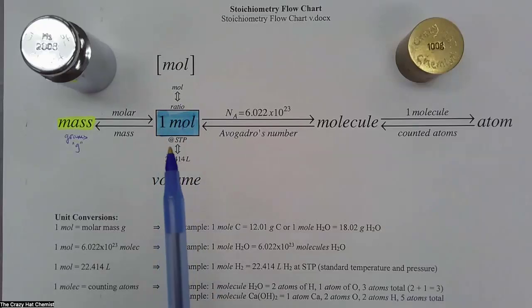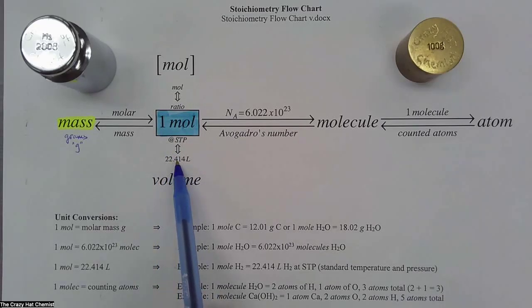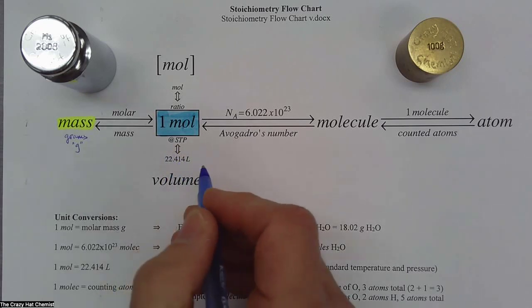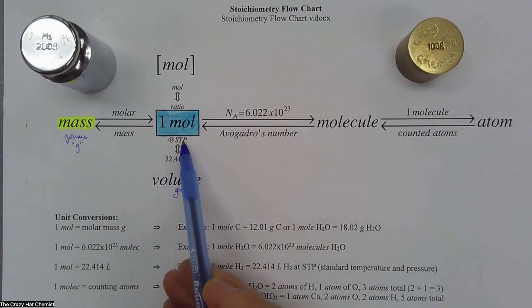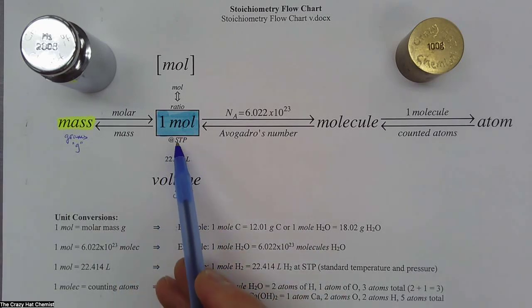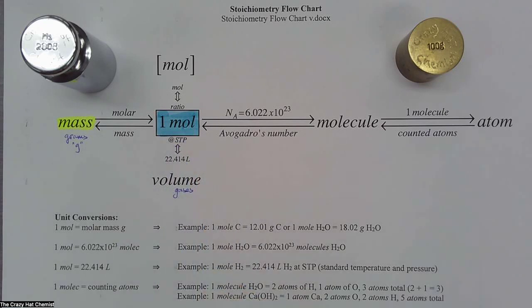1 mole is also equal to 22.414 liters. Liters is a volume, and this only occurs with gases at STP. So standard temperature and pressure, okay? At standard temperature and pressure, 1 mole of any gas is equal to 22.414 liters.